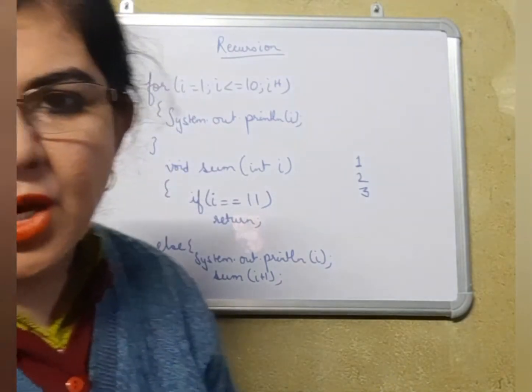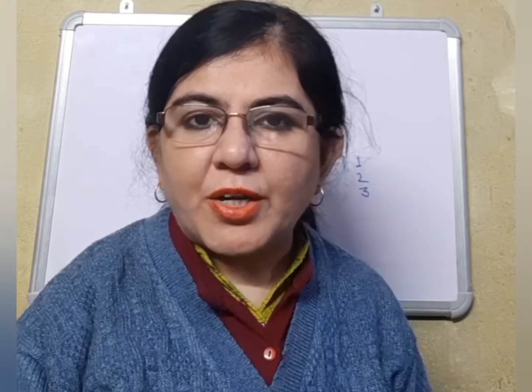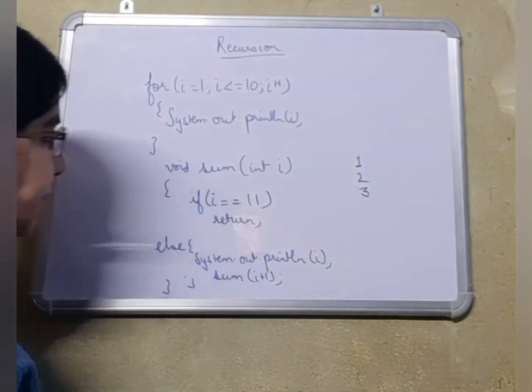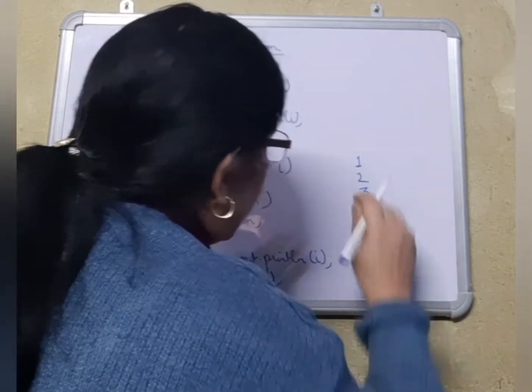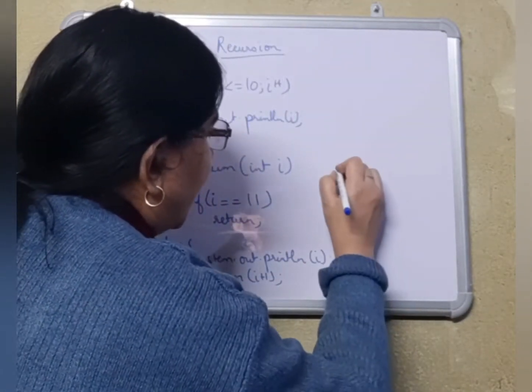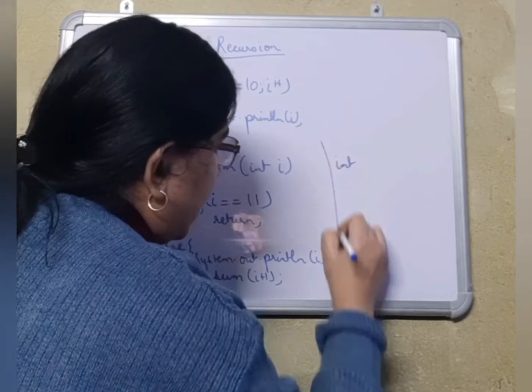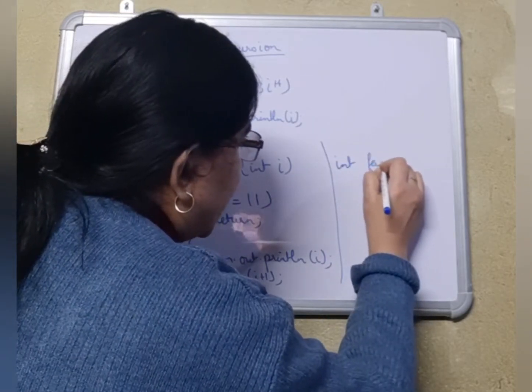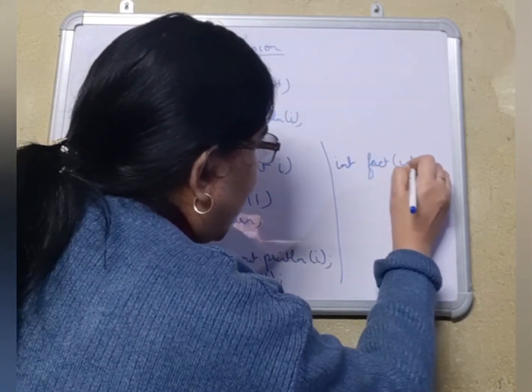Now let us look at how to create a recursive function to calculate the factorial of a number. Suppose we have to calculate the factorial of a number, this is a function int fact which is having a value int n.